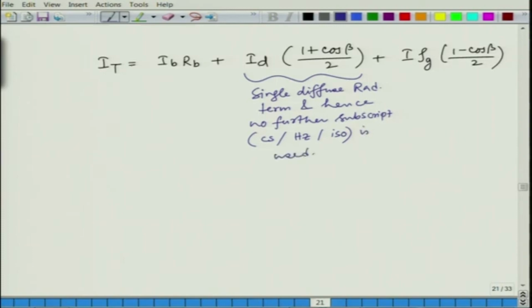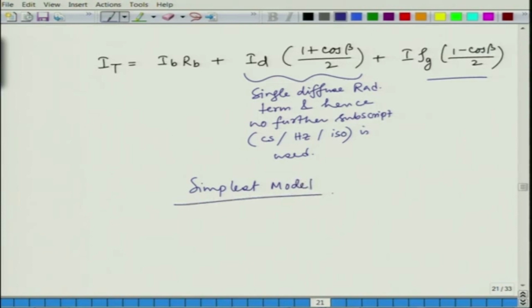Only ID will tell you that that is all the diffuse radiation that we have. And the last term is the ground reflected part. Now, that is the simplest model.